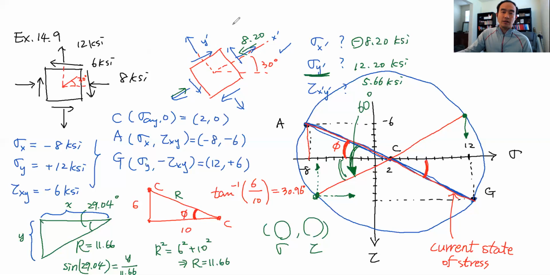Sigma y prime is positive, so it's okay. The tensile stress is going to be 12.2, and our tau x prime y prime is positive, so the direction is correct, and the magnitude is going to be 5.66. Everything is in KSI. So that's how we can solve the problem.